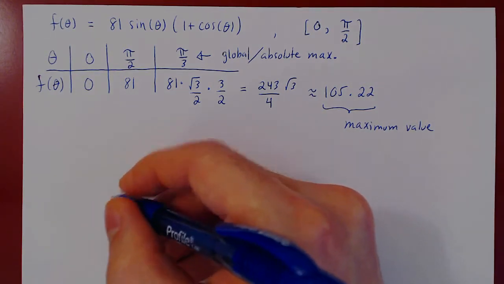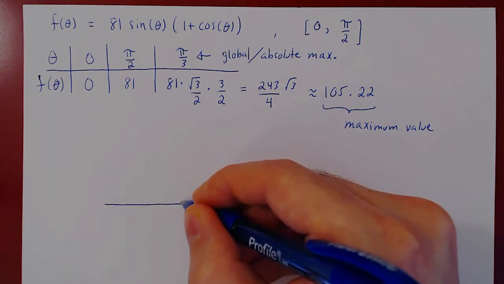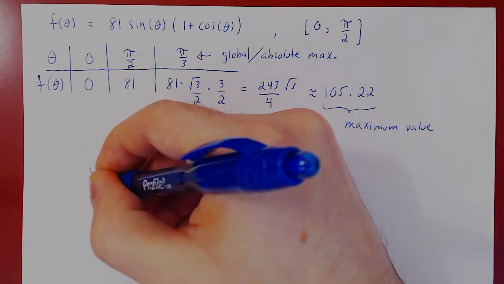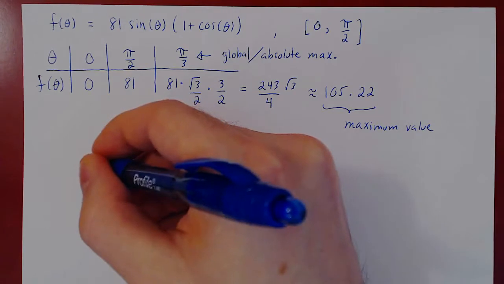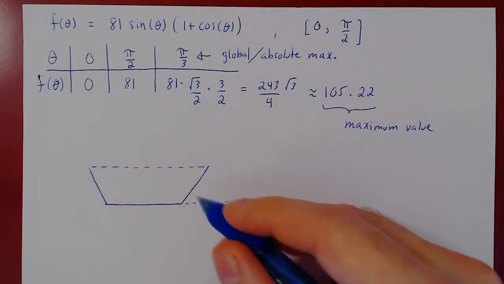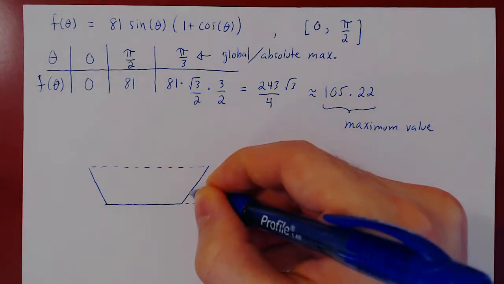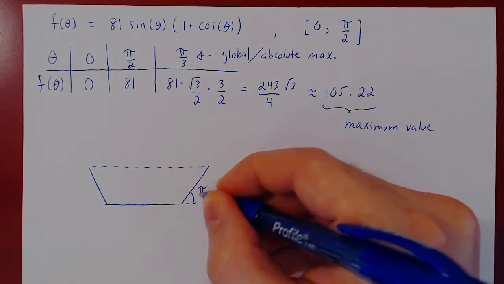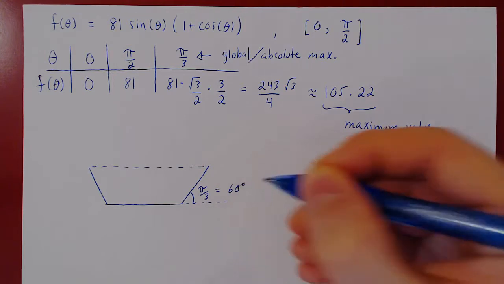The sides were of length 9 centimeters, so this would be 9 centimeters, 9 centimeters, 9 centimeters, and the way to maximize the area of our trapezoid, the carrying capacity of our gutter, was if the angle at the base was exactly pi over 3, or again, if you prefer in radians, 60 degrees.